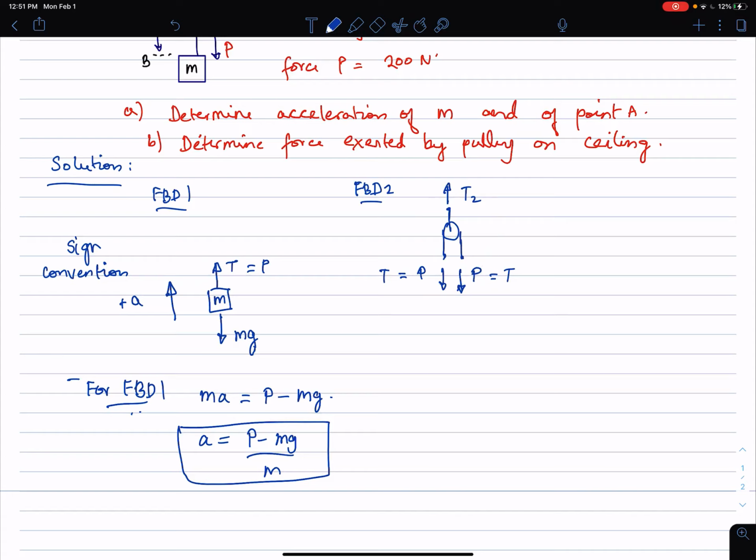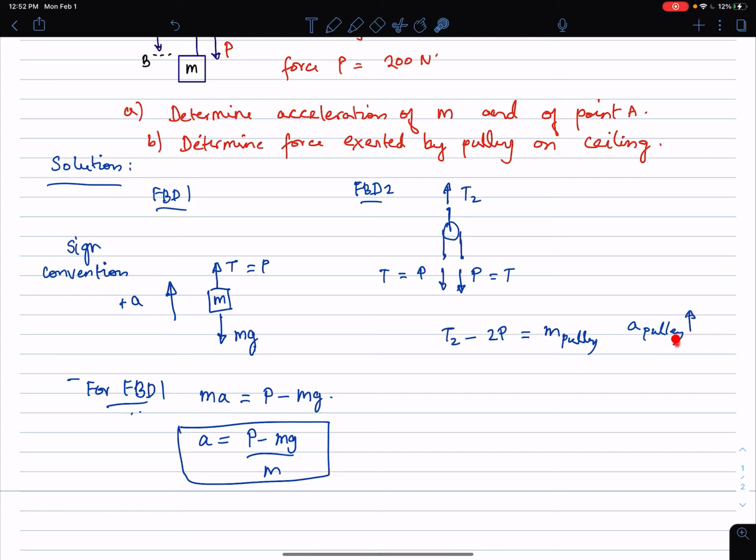And then for the pulley, well, we can write equations of motion for this pulley, right? So T2 minus 2P equals the mass of the pulley, which is 0, times the acceleration of the pulley.